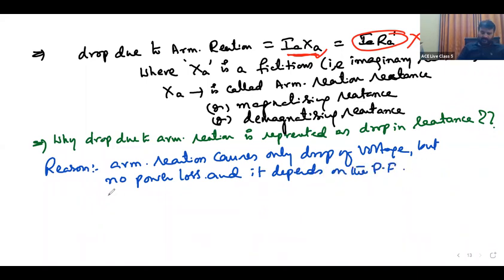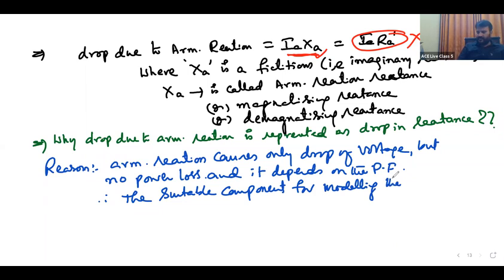Therefore, the suitable component for modeling the armature reaction is a fictitious reactance, imaginary.